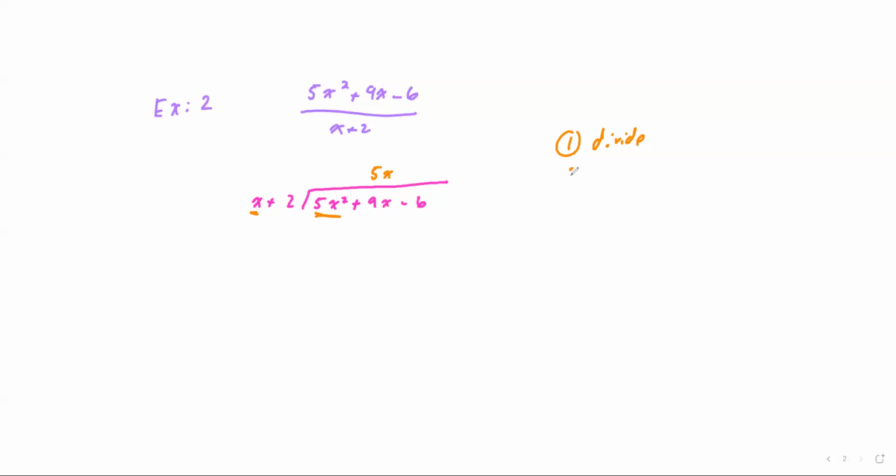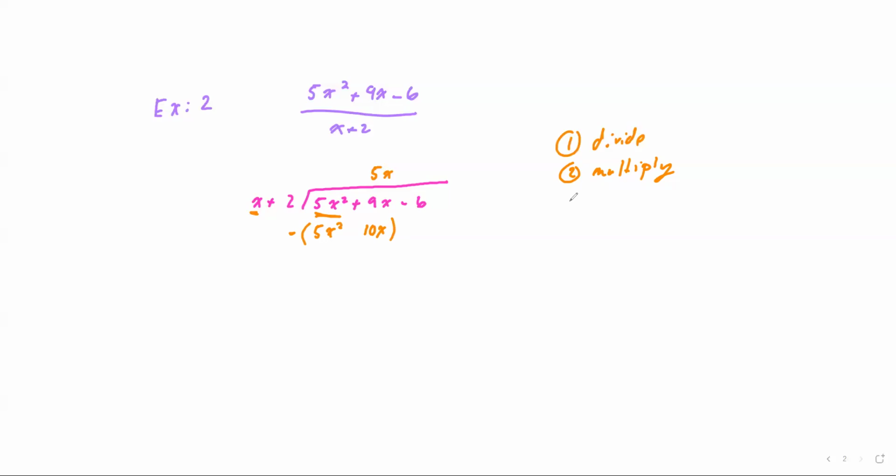So in this case, step two, now multiply. So I'm going to do 5x times x, and I get 5x squared. 5x times 2, because I have to do it to the entire thing, would give me a positive 10x. And if you recall, the next thing we did is subtract.